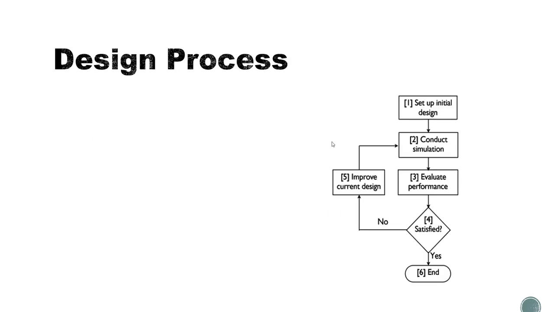Whenever an engineer wants to design an object or a product, first of all, they set up the initial design with some constraints and dimensions. While setting up the initial design, we do not know the exact shape or stresses that are being produced inside the product.